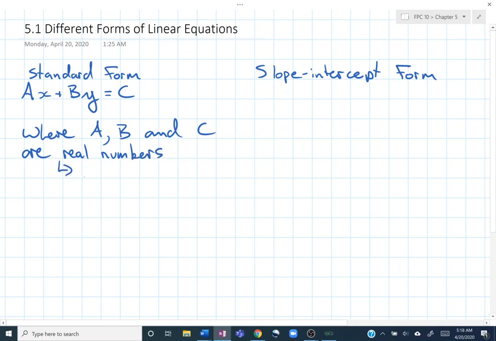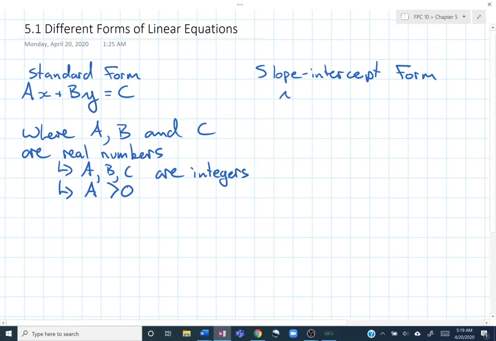Normally, a, b, and c are integers, which means no fractions allowed, and a is usually greater than 0. So when you're writing this out, you're going to have to write it so that a is a positive number.